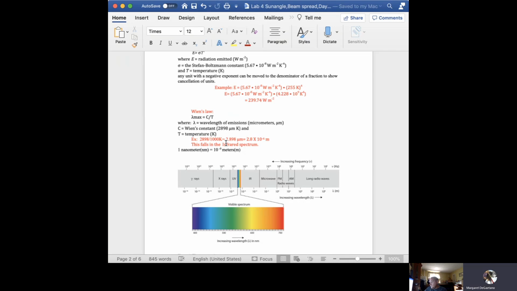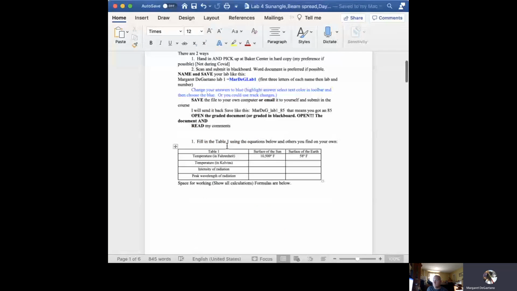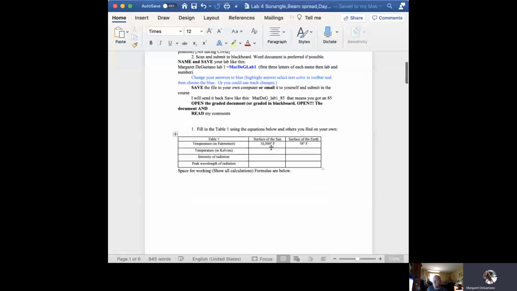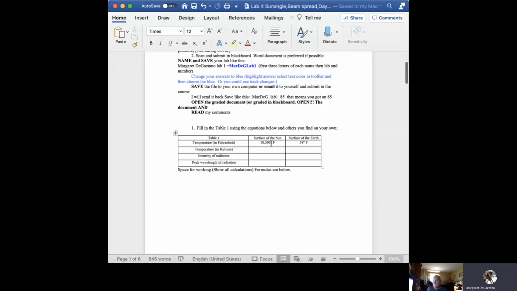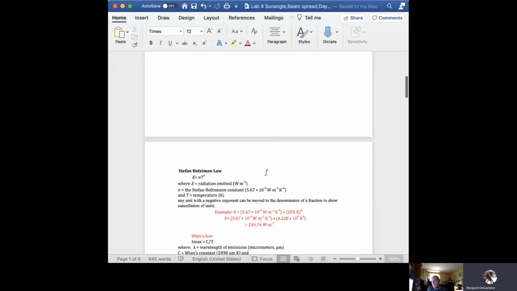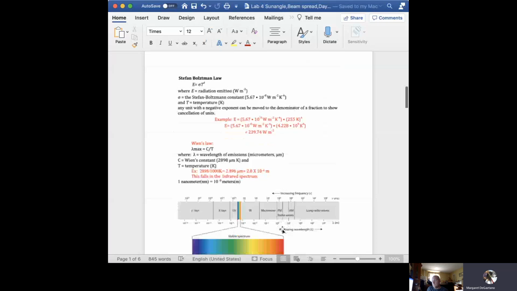In the beginning, I talk about the temperature of the surface of the sun. I give you that temperature in Fahrenheit, so you have to convert it to Kelvin, and then do the two different calculations using the formulas. Once you have those, you can use whatever peak wavelength you get.